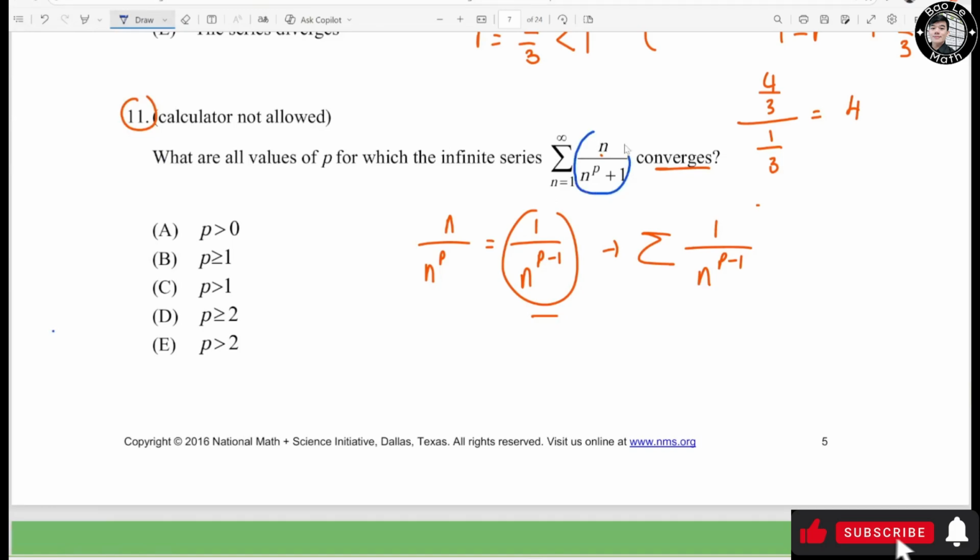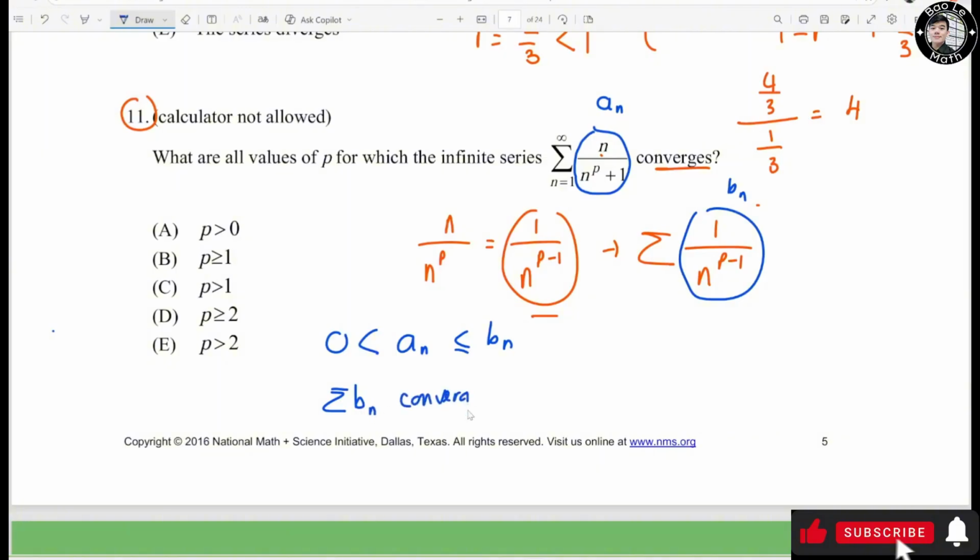Observe that the original is a sub n, this one is b sub n, and a sub n is less than or equal to b sub n, and greater than 0. So if series b sub n converges, then series a sub n must be convergent. For this to converge, since it's a p-series, p minus 1 must be greater than 1, so p is greater than 2. So the answer must be E.